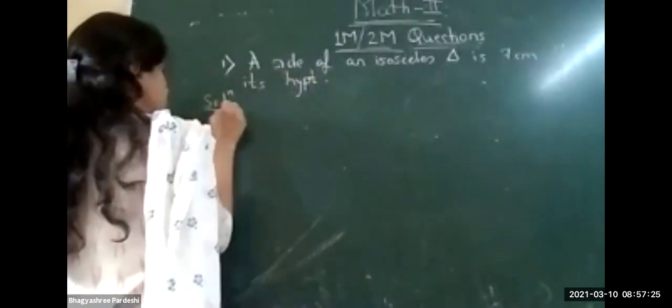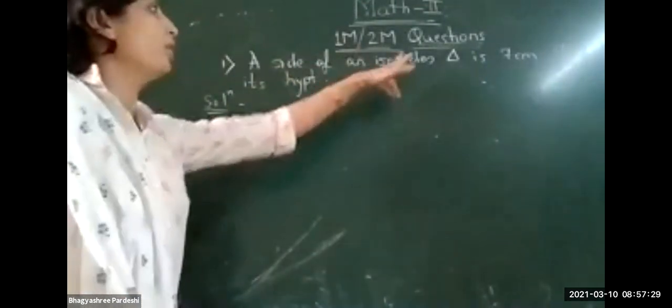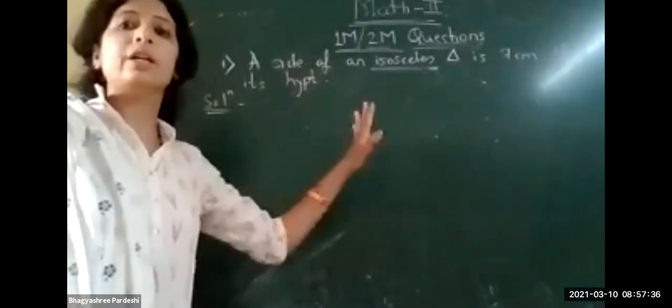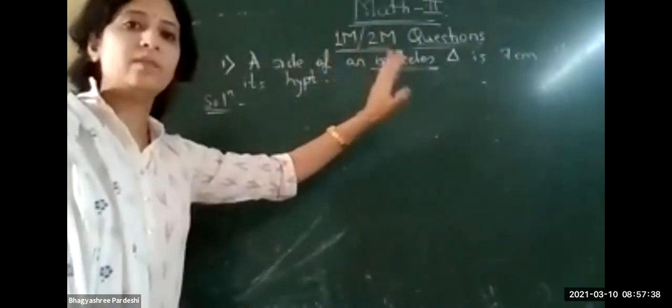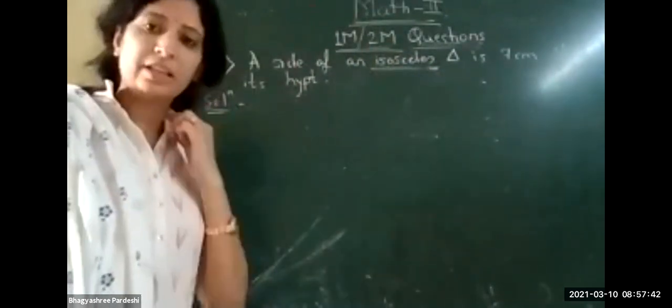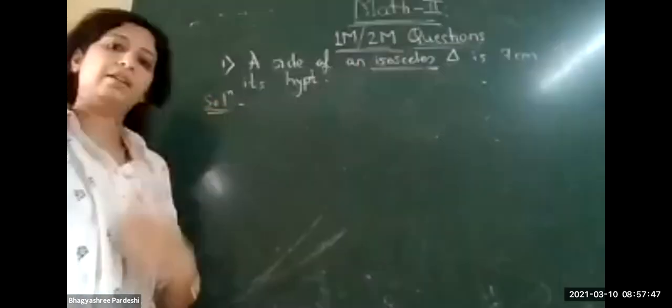Before solving this question, let's see all the basic things. A side of an isosceles triangle is given. Since a specific triangle is specified here, we must know what is meant by this triangle. Can anyone tell me which triangle is called an isosceles triangle?